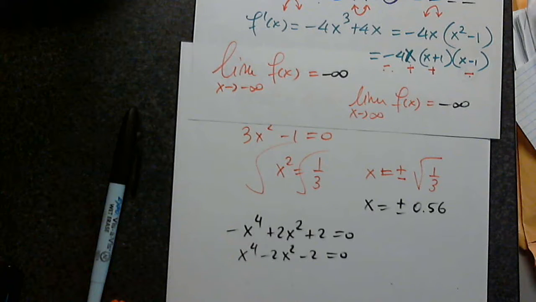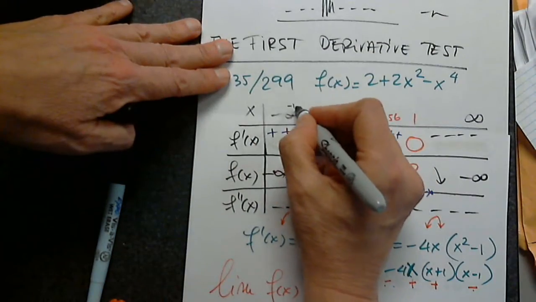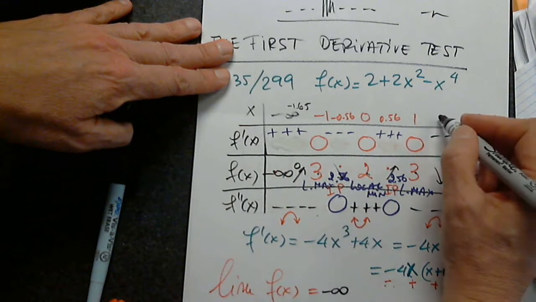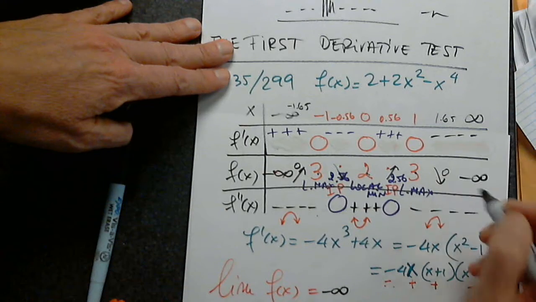The right bound, I'm going to put 0. Just give me the x-intercept. I don't want to guess. So it's negative 1.65. Okay, so I'll go back to my chart. Negative 1.65, and this is 0. And the other one will be 1.65 because the function is even.